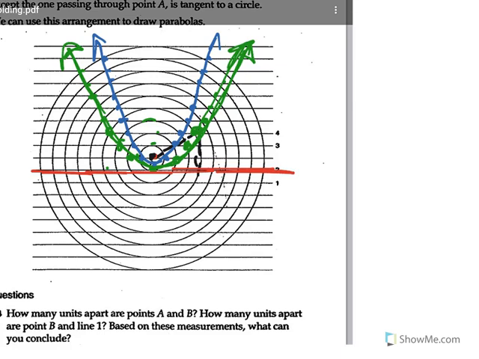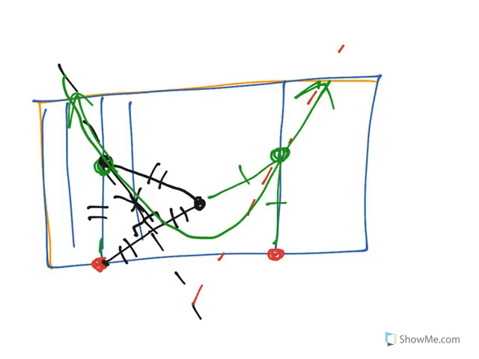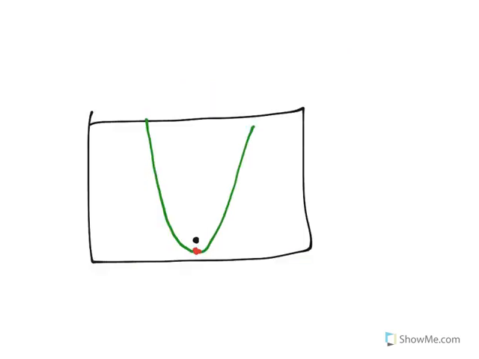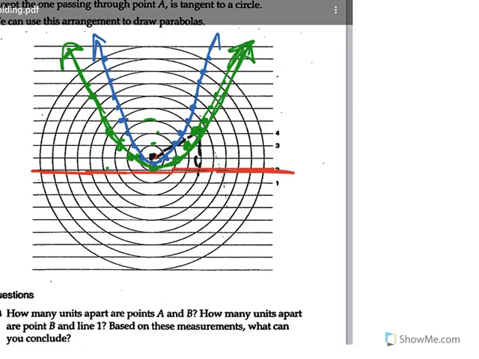Okay, so what I've gone over shows how we could use paper folding to create points on a parabola, and how we can use this concentric circle and horizontal line graph paper to also create different parabolas.